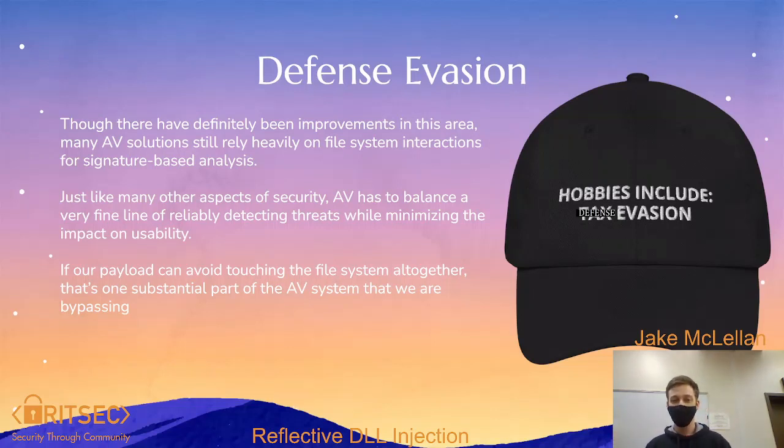So writing files to disk is a pretty solid way to trigger Defender, especially if your payloads will happen to get caught by signature-based analysis. So we can just pretty much avoid touching the file system altogether using reflective code loading, so reflective DLL injection. Yeah, that's pretty much that.